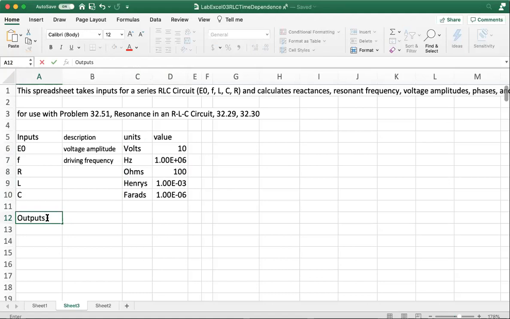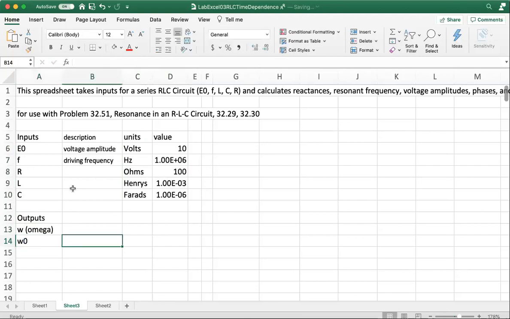Okay. So the outputs, first omega. We're given a driving frequency, but we need the angular frequency. And so I'm going to use W, even though it's actually omega. And then there's omega naught, which would be the resonant angular frequency.